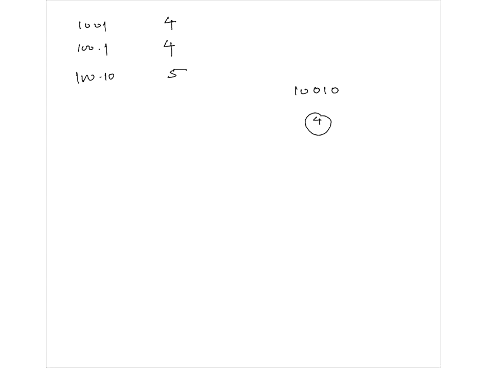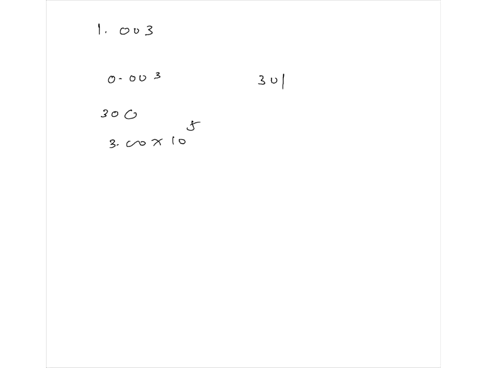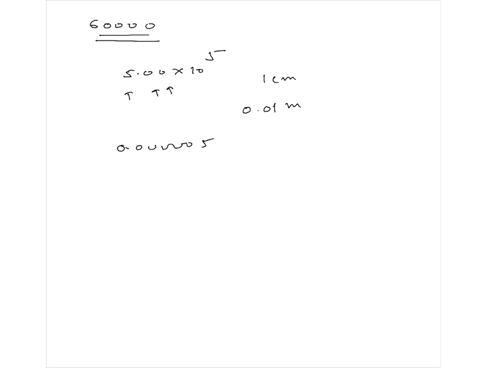Now next one is this: 0.001001. Okay, there is a private message about this one, and the answer is here. How many significant digits are there in 60000?